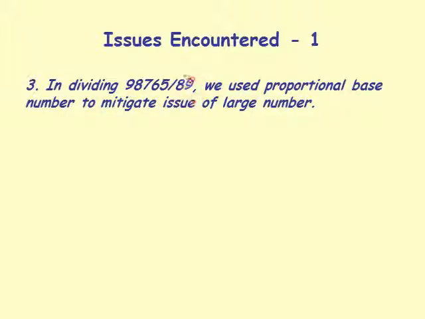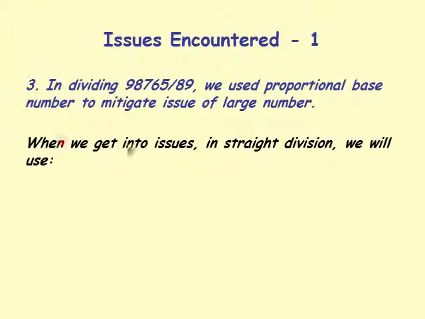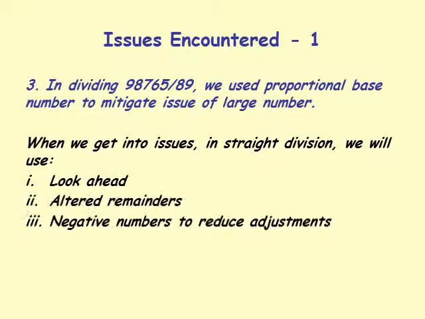Instead of using 100 as a base, we used 90 as a base, which was 9 times 10. When we get into the issue in straight division, we will use all these mechanisms we learned so far: look ahead, altered remainders, and negative numbers to reduce adjustments.